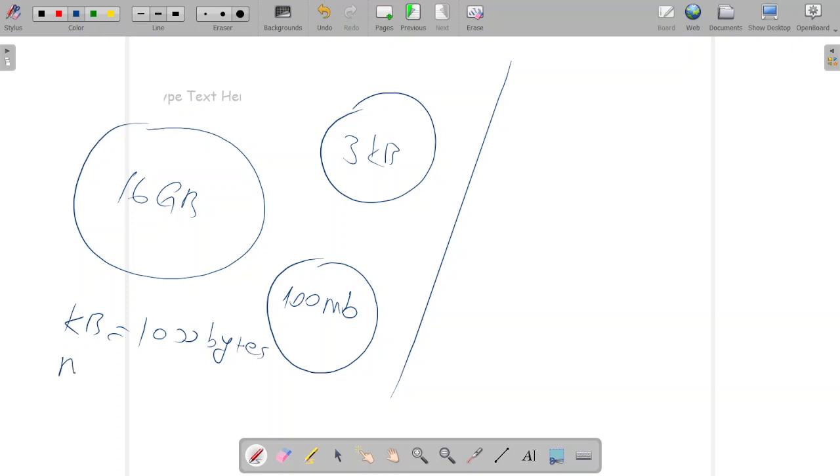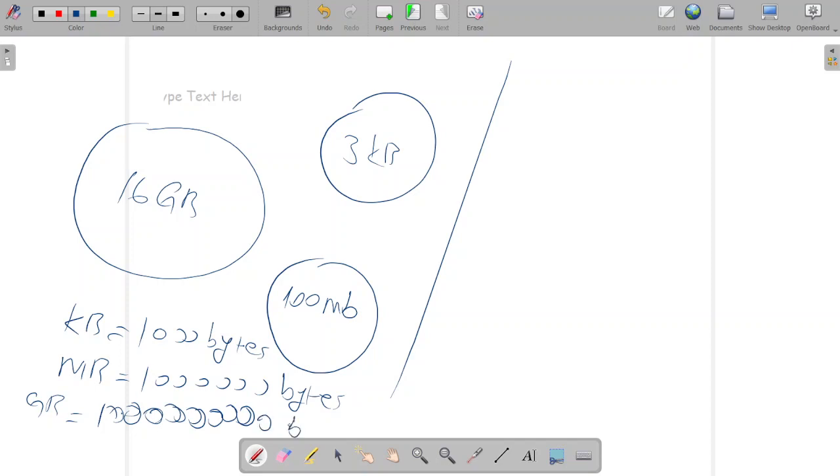while the megabyte is equal to 6 zeros of bytes, which is a million. So the gigabyte consists of 9 zeros as bytes. When it comes to binary, we don't use these units.